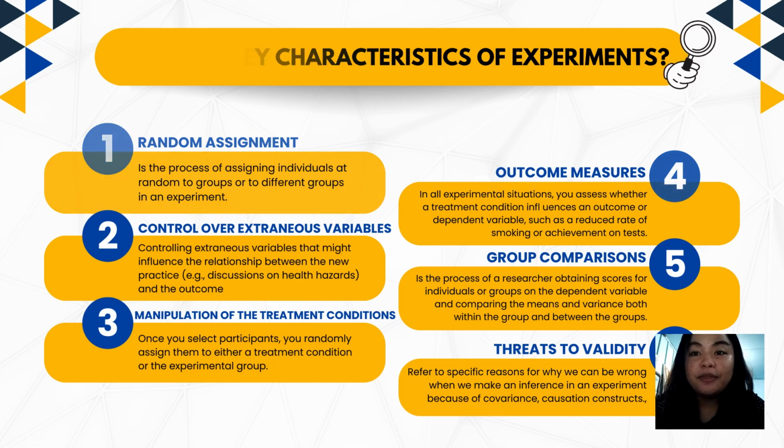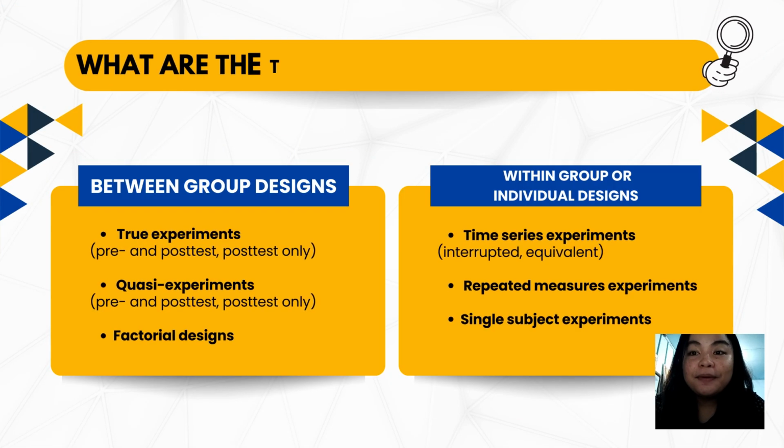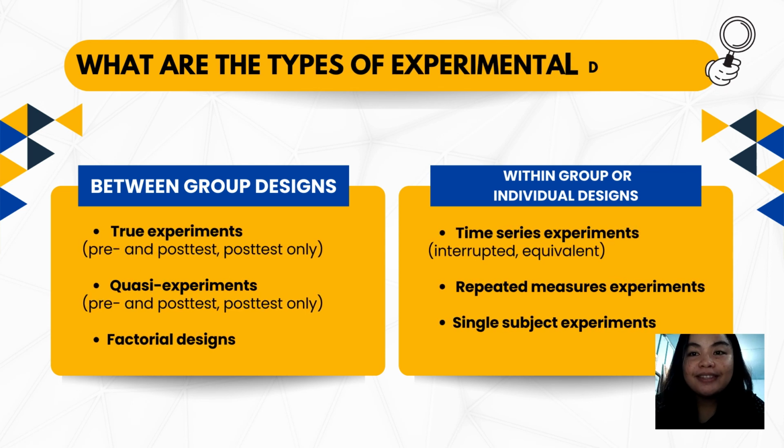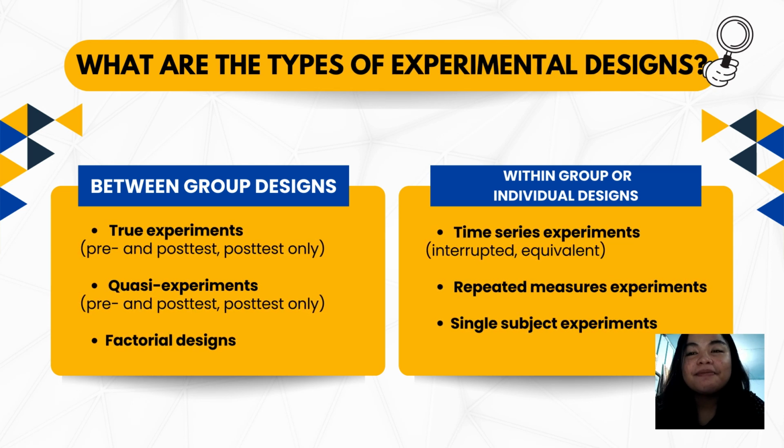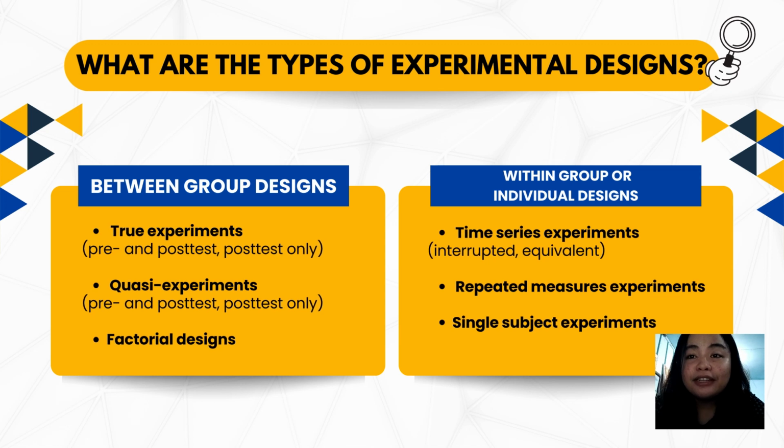Now, let's explore the various types of experimental designs commonly used in educational research. These designs are like different tools in a researcher's toolbox, each with its own purpose and strengths. First up, we have between group designs. These include true experiments. True experiments can have a pre-test and post-test, or just a post-test setup only.